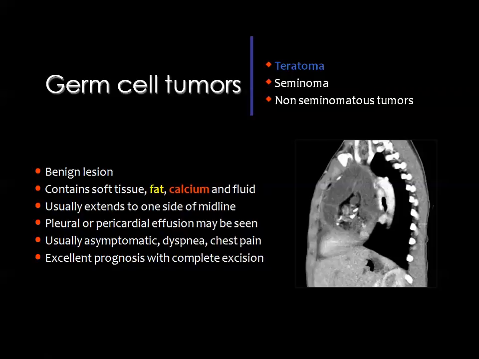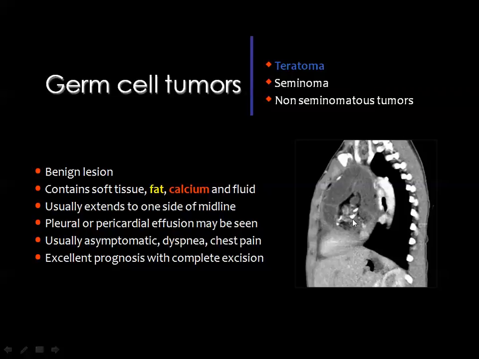And for the diagnosis of teratoma in the mediastinum, teratomas are usually located in the anterior mediastinum. There should be calcium, fat, and fluid. But many times you don't see calcium, you see only fat and the fluid, and these are enough for the diagnosis.